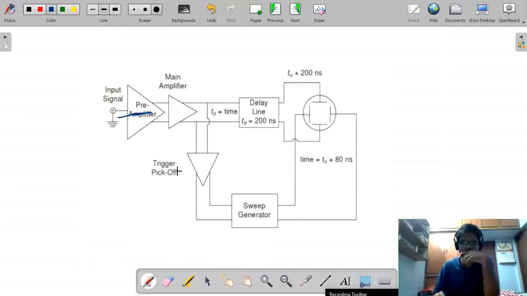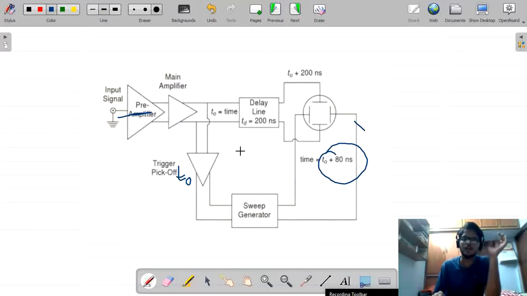Assume that at this point the trigger has picked the trigger pulse at the time T0. My sweep generator has started and it is given to the horizontal amplifier and then to the horizontal deflection plate. This whole process has taken 80 nanoseconds. So from this point to this point, at the reach of the horizontal deflection plate, my system has taken a total time of T0 plus 80 nanoseconds.